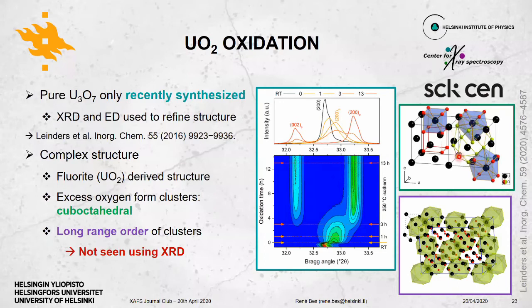You have it in this picture where the excess oxygen are in green and the standard oxygen in the UO2 lattice are in red. The thing is that these cuboctahedral excess oxygen clusters are making long-range orders, and these long-range orders are difficult to see even using XRD.